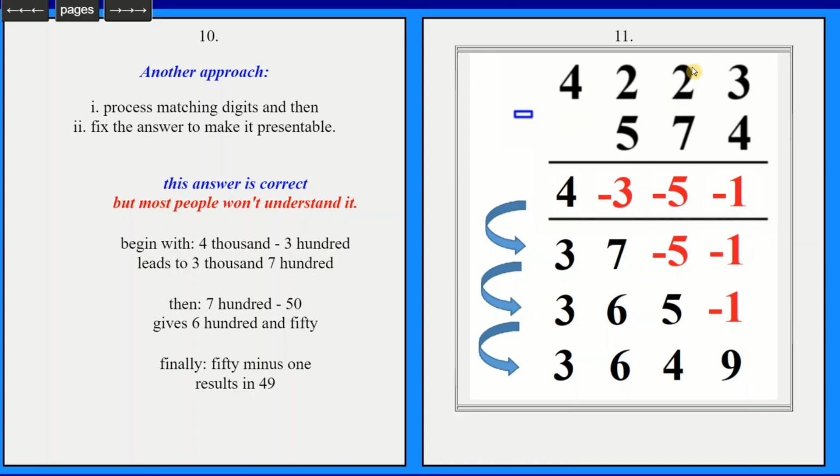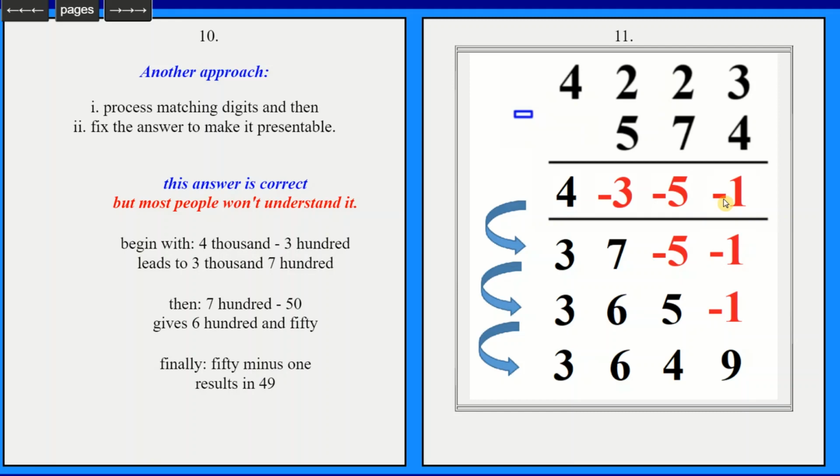If we start with 2 and remove 7, the deficit is 5. So we have negative 5. 2, take away 5, negative 3. 4 stays 4.